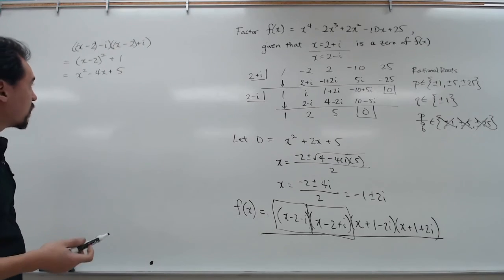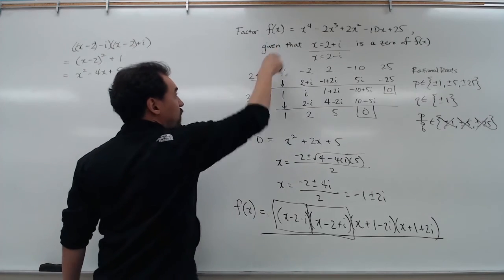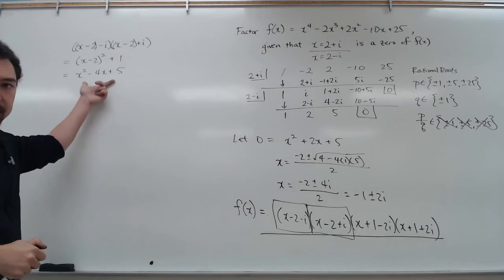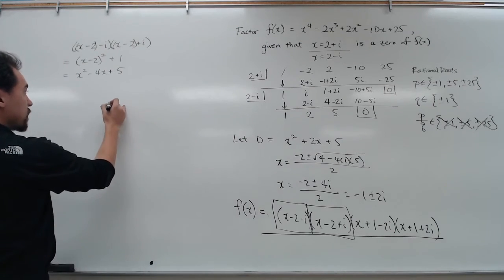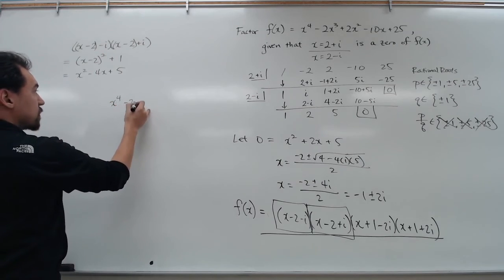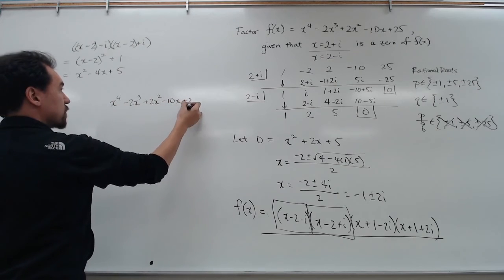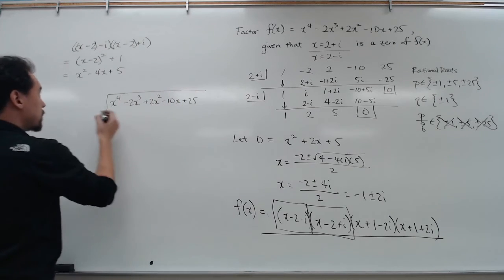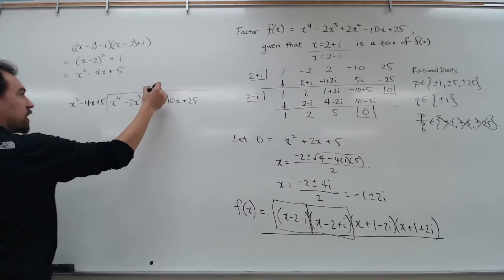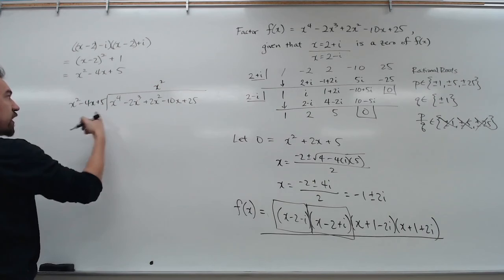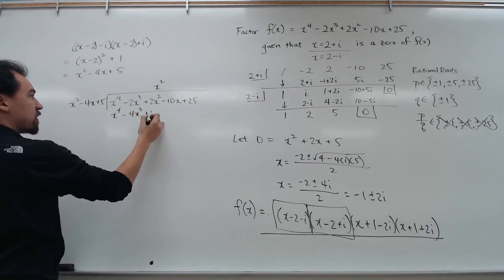So what I could do is I could say, why don't I take my original polynomial f of x and divide by this using polynomial long division? Let's see what happens. So x squared goes into here, x squared times. So that times all of this gets me x to the 4th minus 4x cubed plus 5x squared.